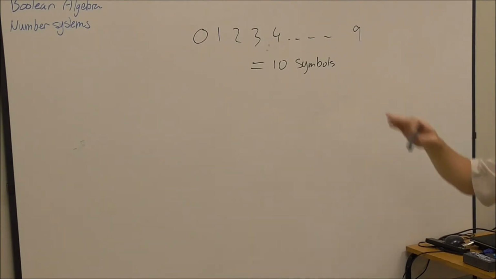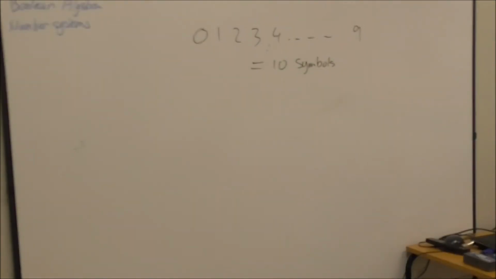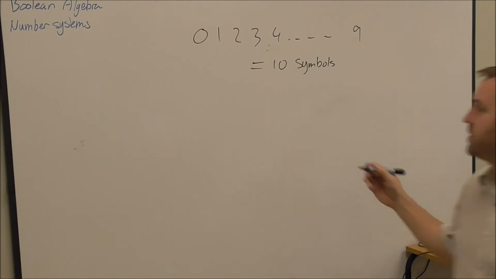So if I want to use more than 10, so let's say I've got 12 apples, what do I need to do? Can't use one symbol anymore, can I? So if I've got 8 apples, I can just write 8, right? It's one symbol, done. But if I've got 12, how many symbols do I need? Another one, don't I? I need 2.